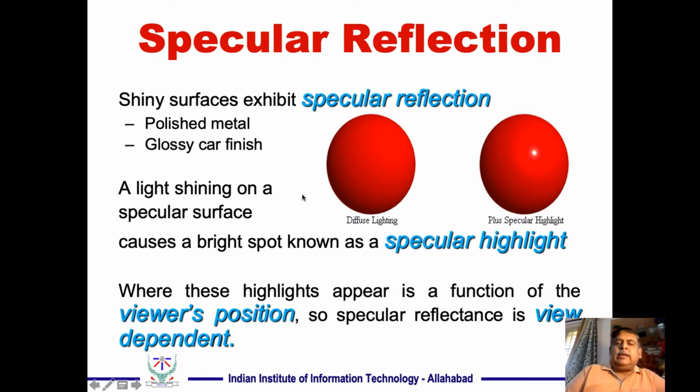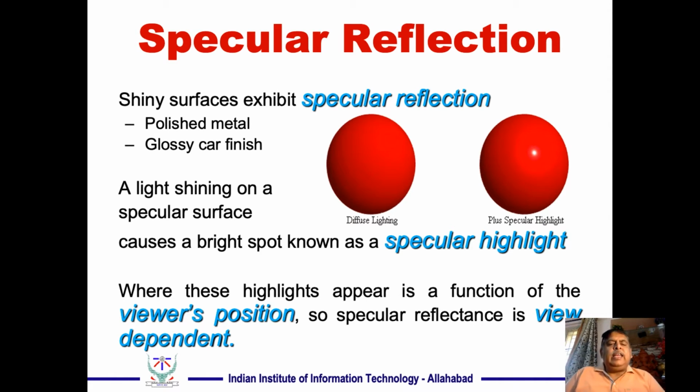What you see is a bright white spot over the normal diffuse lighting, which, apart from making it look spherical, gives us a sense of the texture of the object and tells us that the object is polished, maybe metallic, or has a glossy finish.